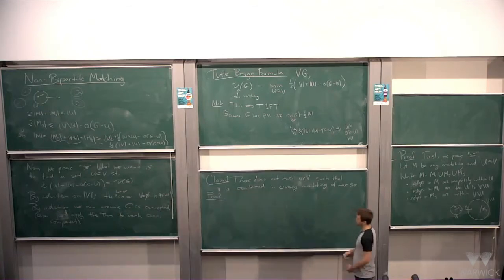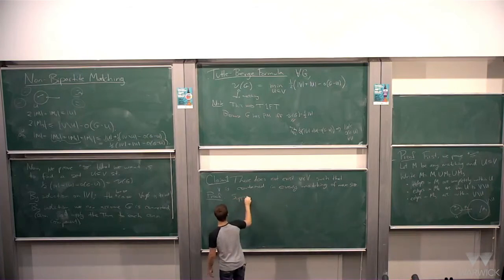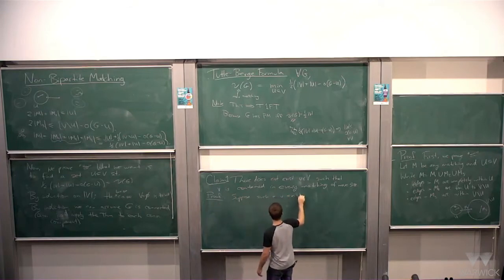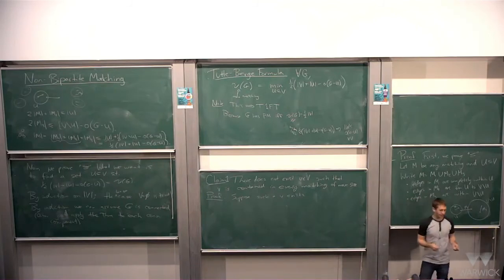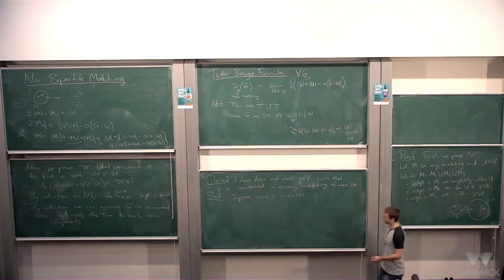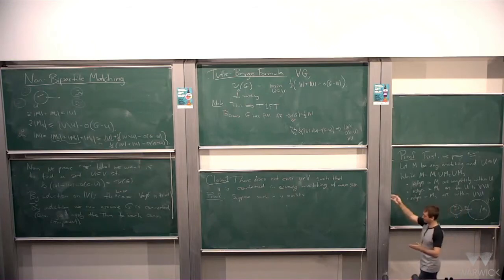Okay, so suppose otherwise. So suppose such a v exists, right? And now think about what happens when I delete it. If I delete that vertex from the graph and you look at the biggest matching in the remaining graph, it can't be as big as the biggest matching in G, because if v is contained in every matching of maximum size, then when you delete v, you destroy all the biggest matchings in G, just by definition.